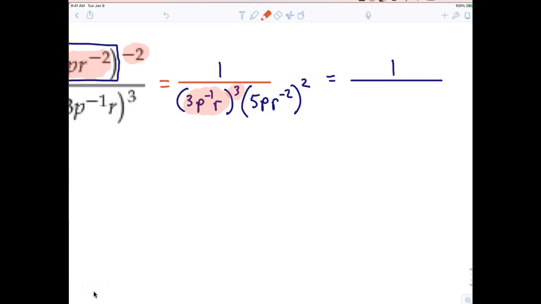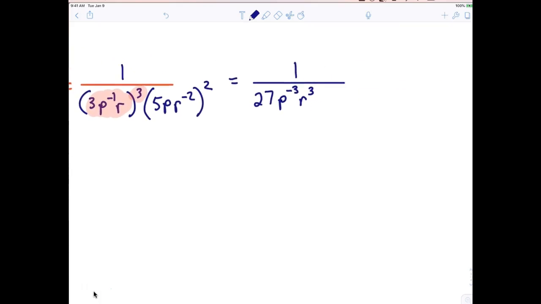Okay? Oh, so 3 cubed is what? 27. Very good. And then it would be p to the -3. Oh, p to the -3, good. And then r to the third, beautiful so far. All right. Now, 5 squared.